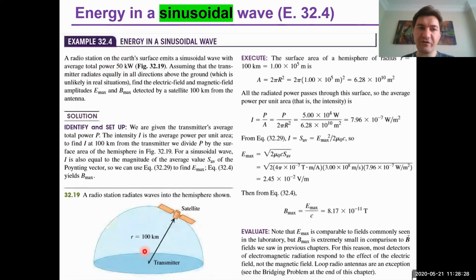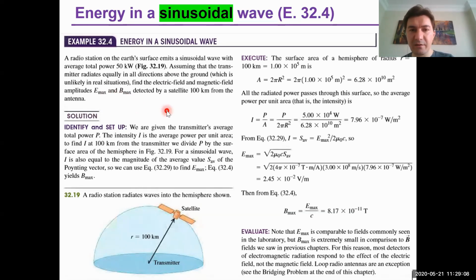Assuming that the transmitter radiates equally in all directions above the ground, you emit electromagnetic waves, radio waves, and find the electric field and magnetic field amplitudes detected by a satellite 100 kilometers from the antenna. So the distance between the radio station and the satellite traveling around the Earth is 100 kilometers, and detected values of Emax and Bmax are asked.